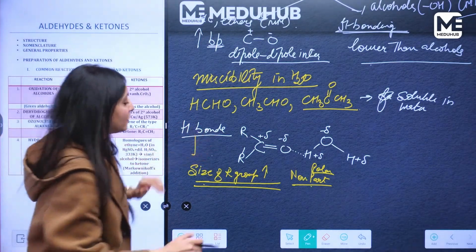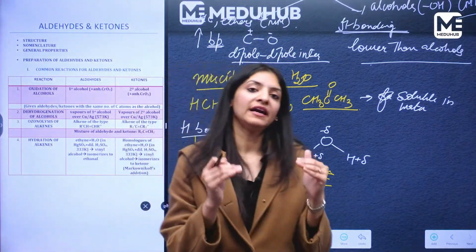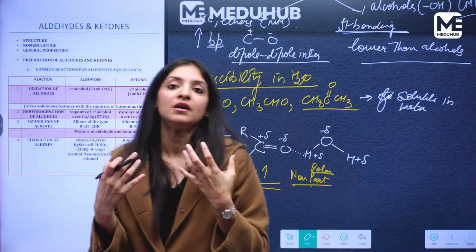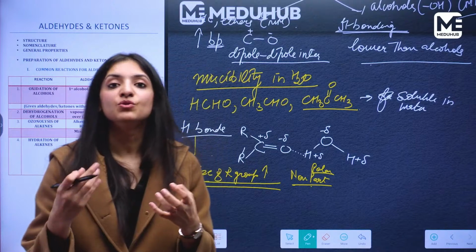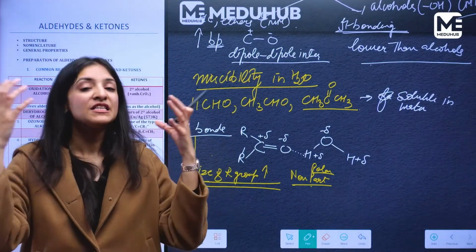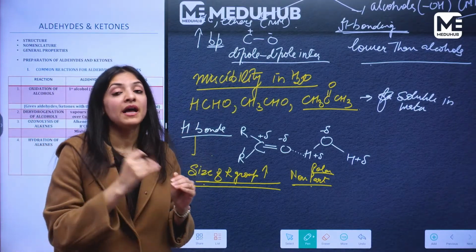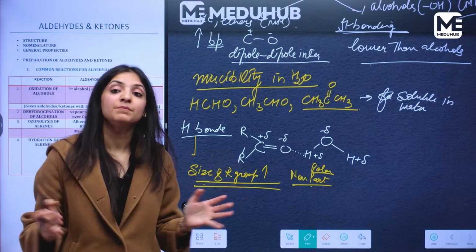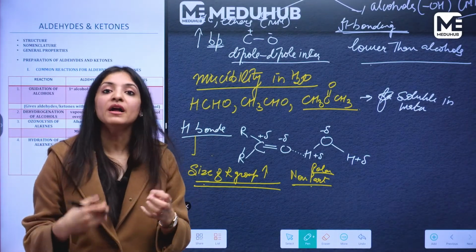If you talk about the odor of aldehydes and ketones, the lower aldehydes have a very pungent odor. One example is formaldehyde. You must have smelled it because it is used to preserve biological samples. So probably in some biology lab you must have smelled that pungent odor. That is formaldehyde. But as the number of carbons increases, the pungent smell gradually becomes softer and more aromatic.